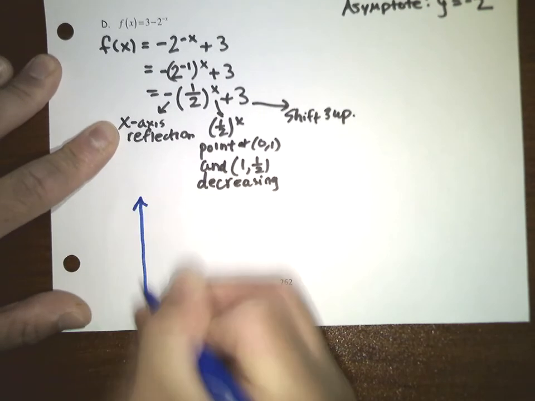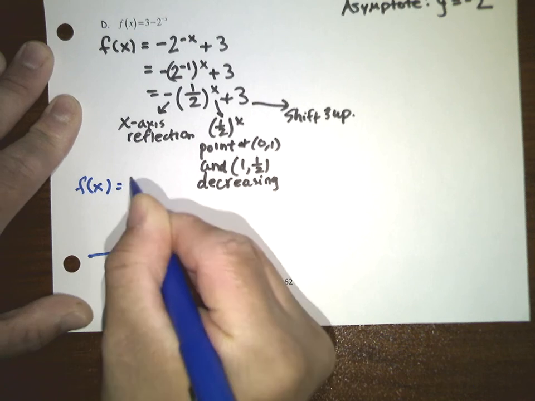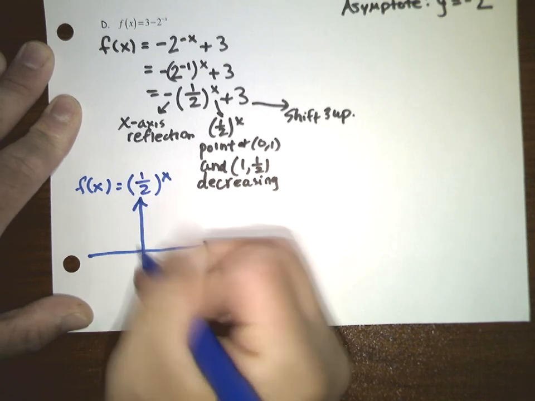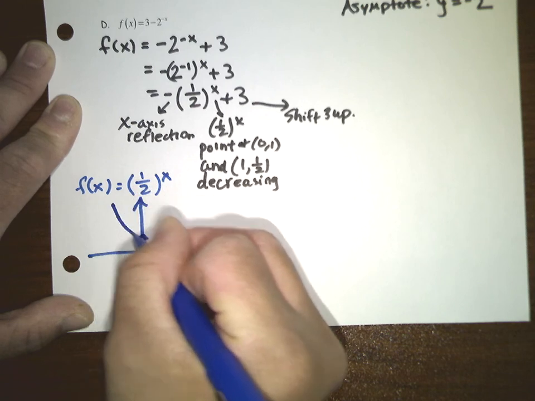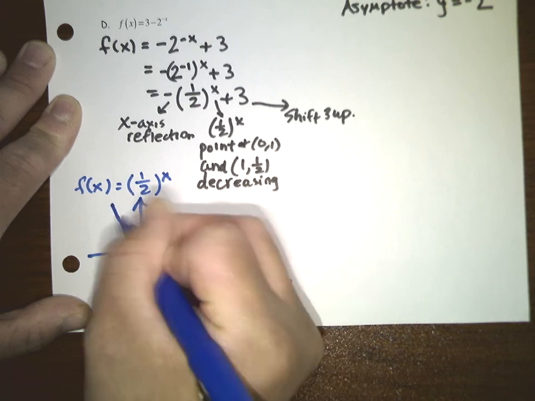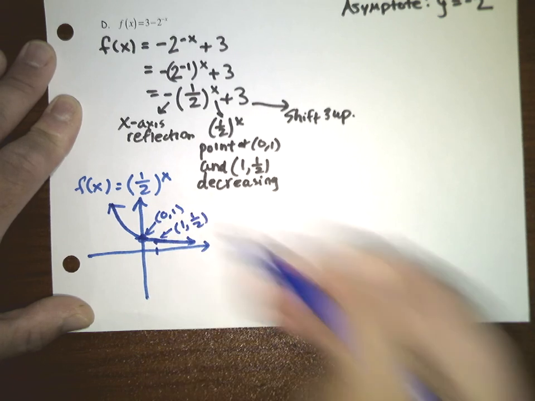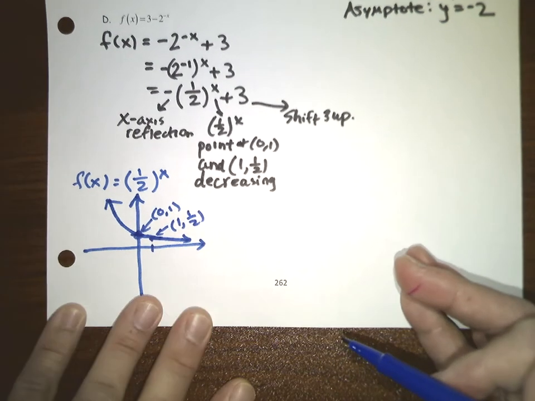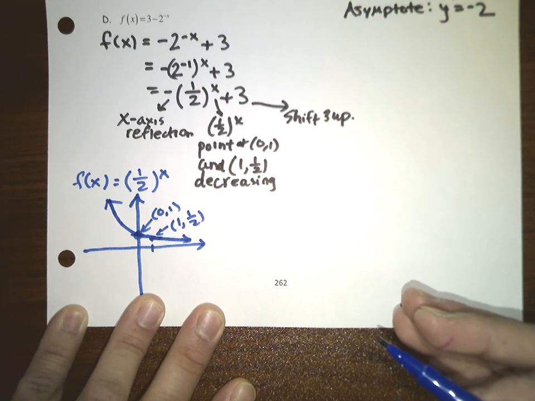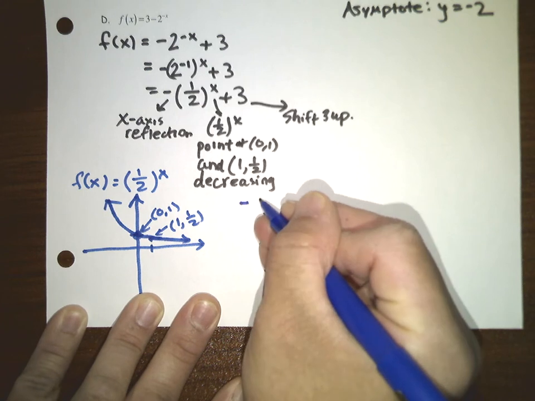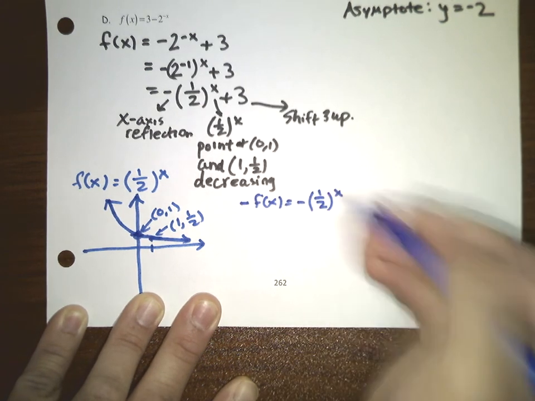So here's my first sketch. I just have f of x is 1/2 to the x. So I have a point at 0, 1, and at 1, 1/2, and it's decreasing. So it looks like this. And now what I need to do is I will have an x-axis reflection. So that will be negative f of x would be -1/2 to the x.